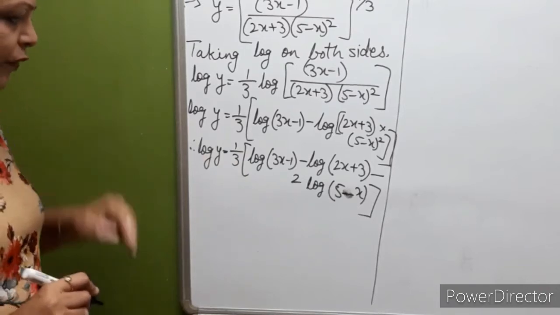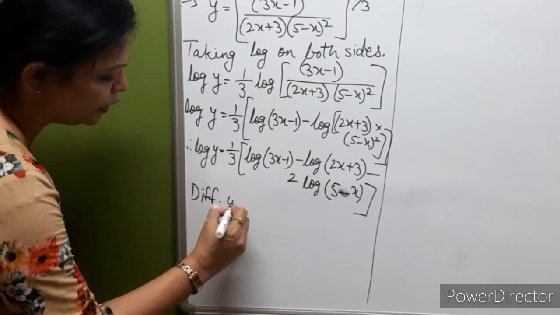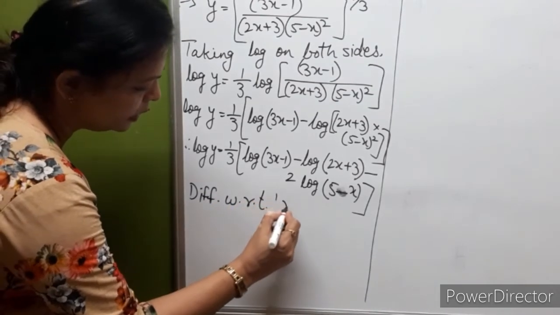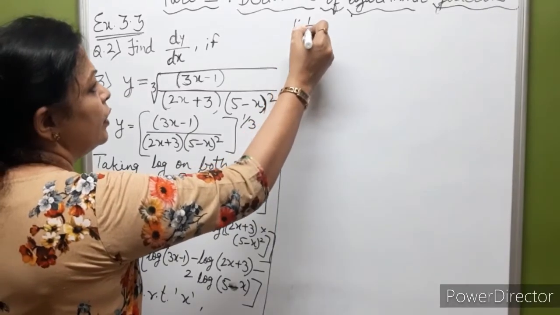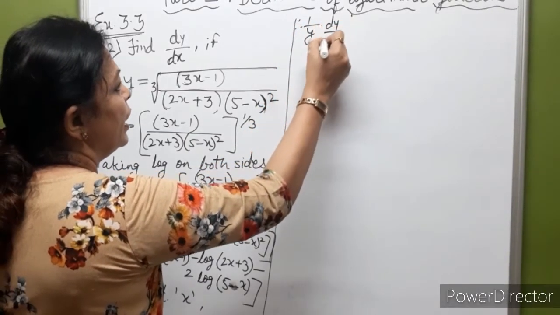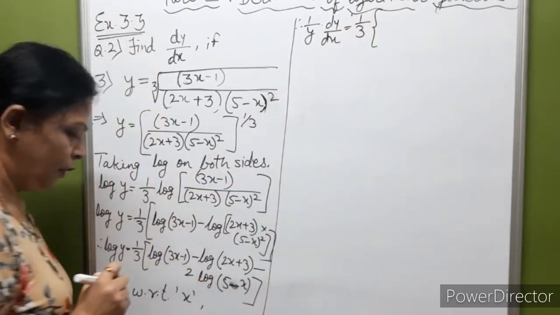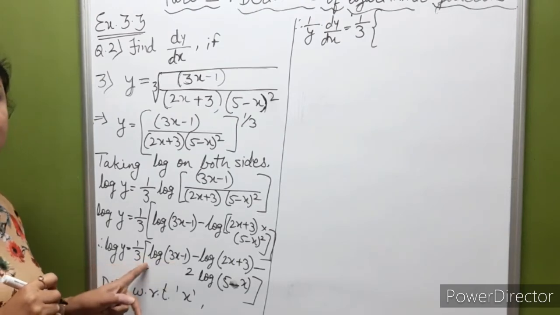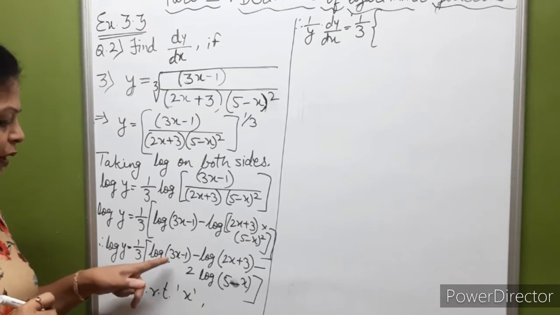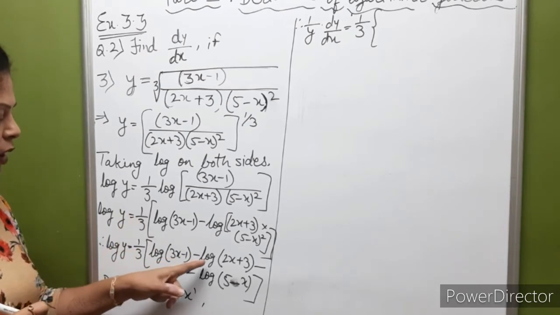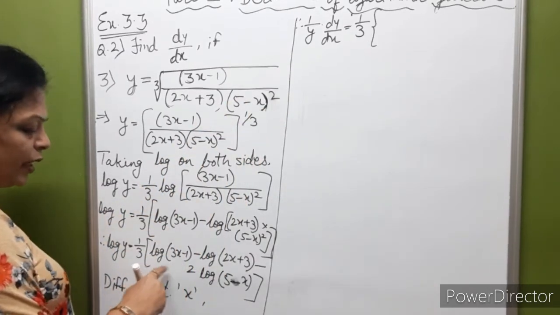Now it is very simple. You can just differentiate. So write down here, differentiating with respect to x. Let us write this side. Therefore you get 1 upon y into dy by dx is equal to 1 upon 3. Now this is again a composite function. Correct? You have to first differentiate log into the derivative of 3x minus 1. Here also same thing. Derivative of log x is 1 upon x.